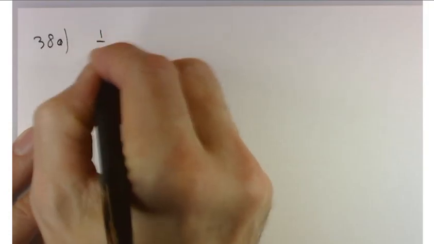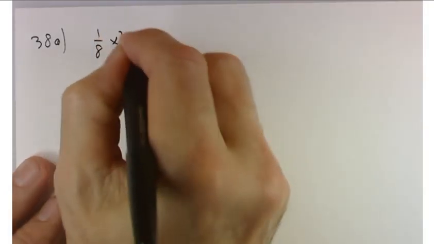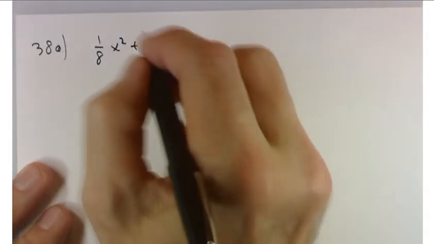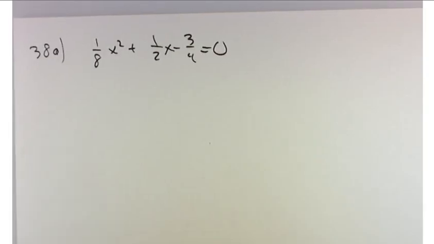So in particular, problem number 38a, 1/8 x squared plus 1/2 x minus 3/4 equals 0. Ready, set, go.